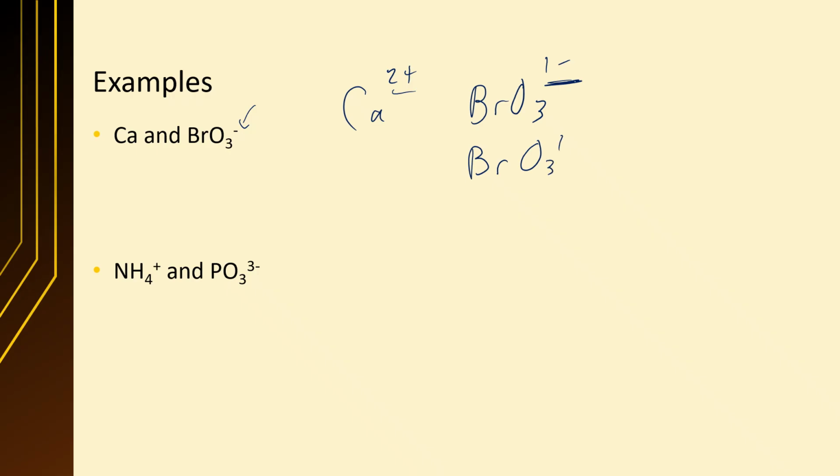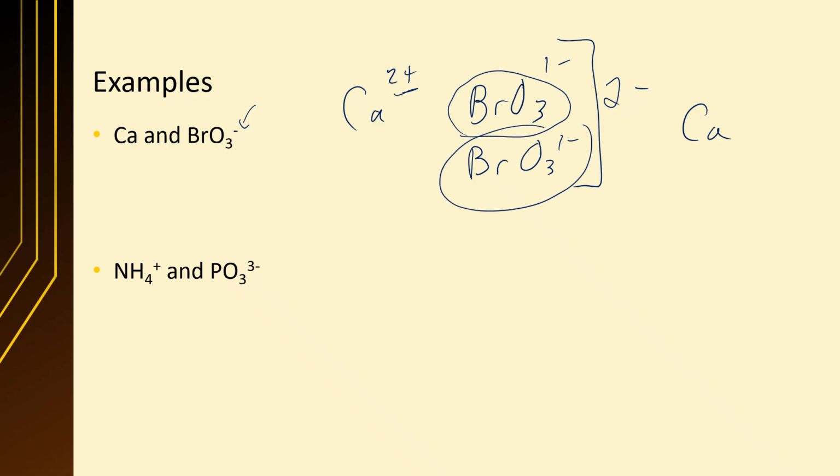So what I'm going to do is add an entire ion. I can't just add a bromine. I can't just add an oxygen. I have to add the whole thing. So now I have a 2 negative charge that can balance out the 2 positive charge. And so I'd write my formula Ca. Now this is different. Whenever you have more than one of a polyatomic ion, I'm going to use parentheses.